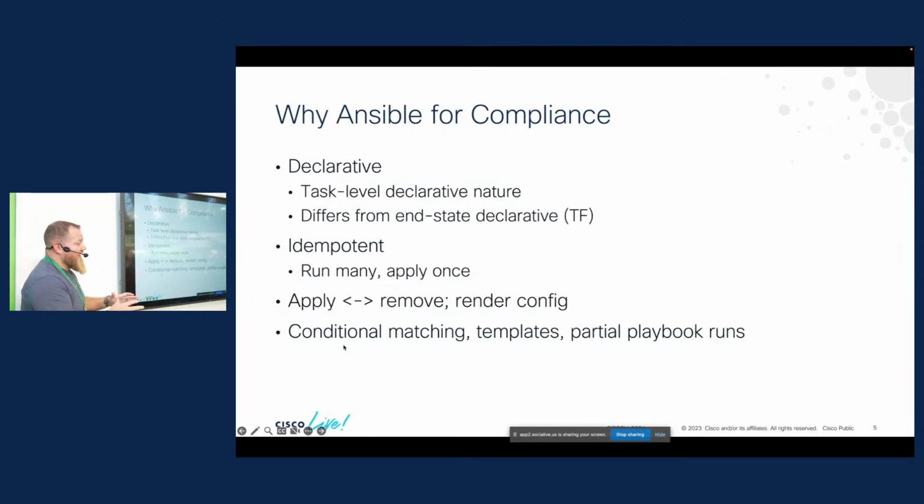That makes it declarative, not imperative. Do not believe everything you read on the internet. Ansible is declarative, but it's at the task level. I have to know how to get from point A to point B myself, which is different from end-state declarative tooling, something like Terraform.